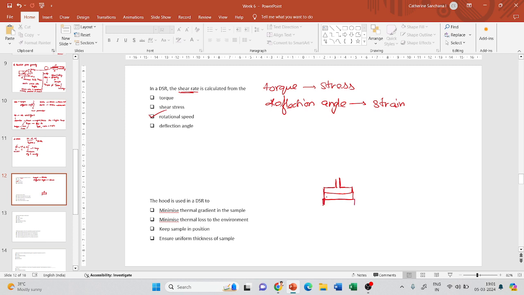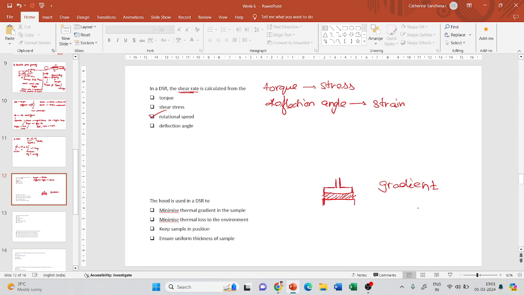So if this is my sample, first let us understand what a thermal gradient is to the sample. If my sample is heated or cooled from all directions, then there will not be any thermal gradient to the sample. So basically, what is thermal gradient? What is gradient?